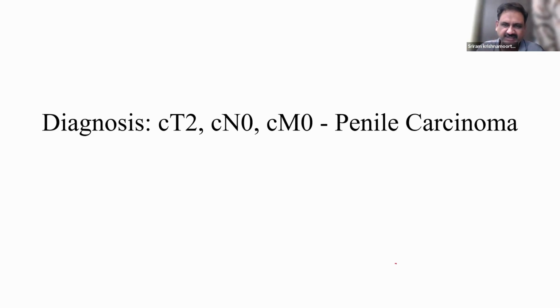Whereas in a modified dissection, you go one layer deeper: Camper's fascia also you lift up, and only the fatty area, adipose tissue alone, you remove. That means the skin along with Camper's fascia are lifted up, and only the adipose tissue is removed, leaving the deeper Scarpa's fascia intact.